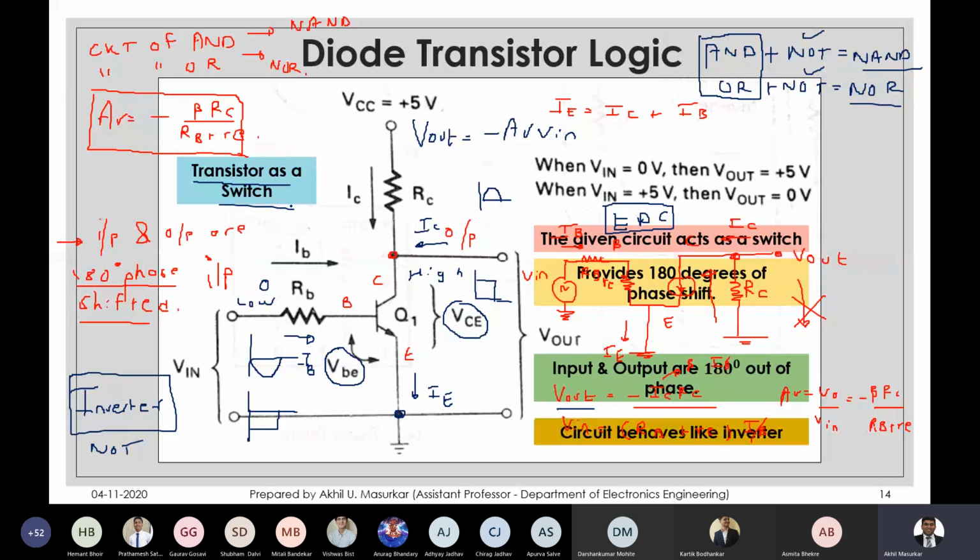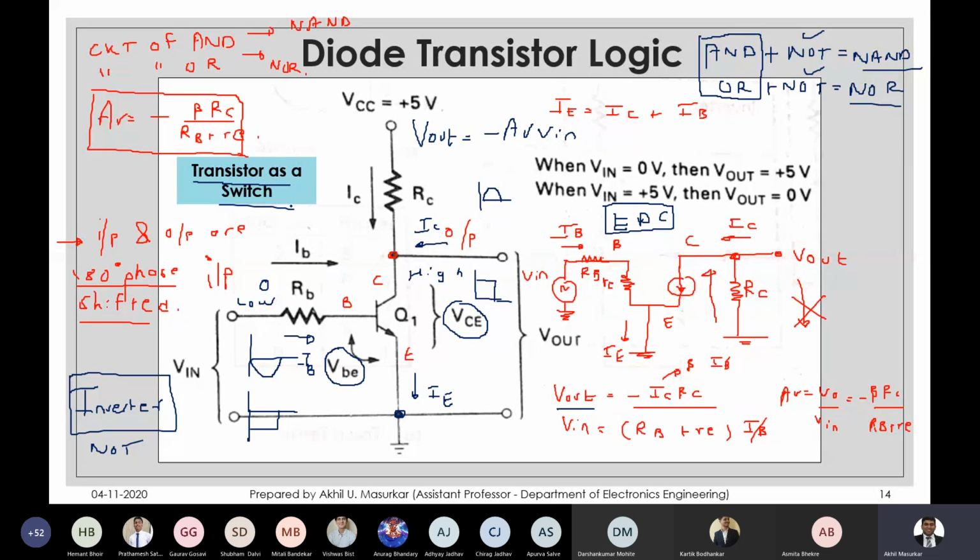Hence circuit behaves like an inverter. So once you have copied this, just write done in the chat box.